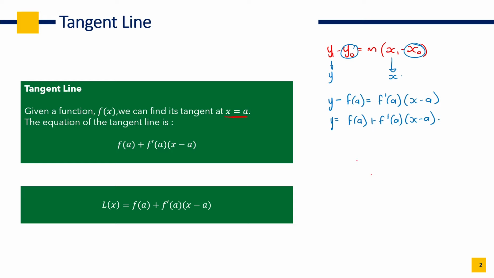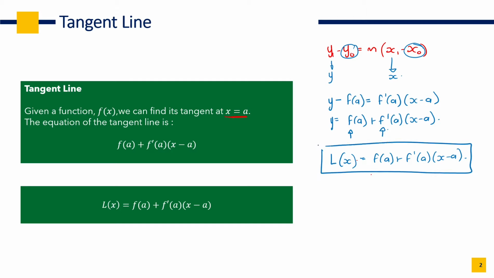Now, because we know it's an approximation for the function we're looking at, and we utilize the function everywhere here, we actually refer to it as L of x, the linear approximation at x, is equal to f of a plus f prime of a times x minus a. So we can put in our x value and we'll get the approximate y value out of it.